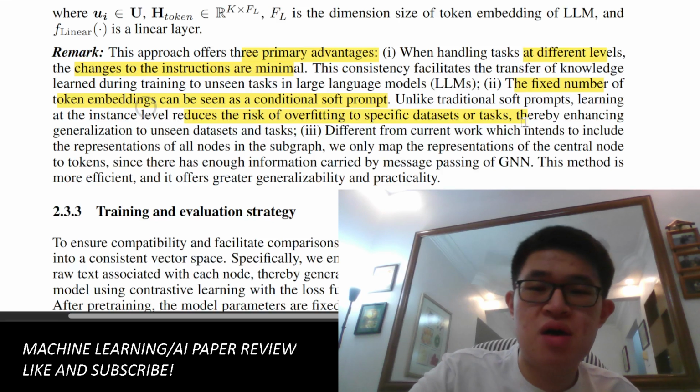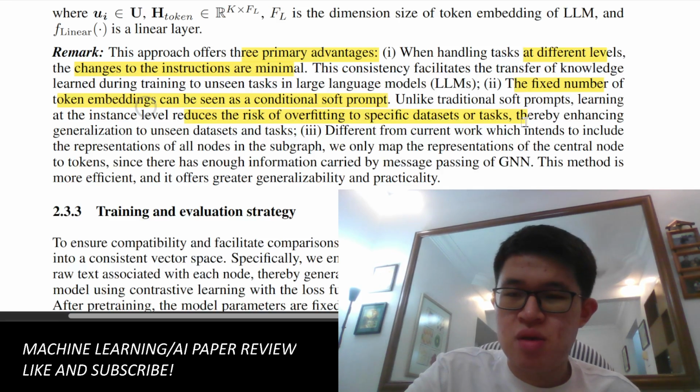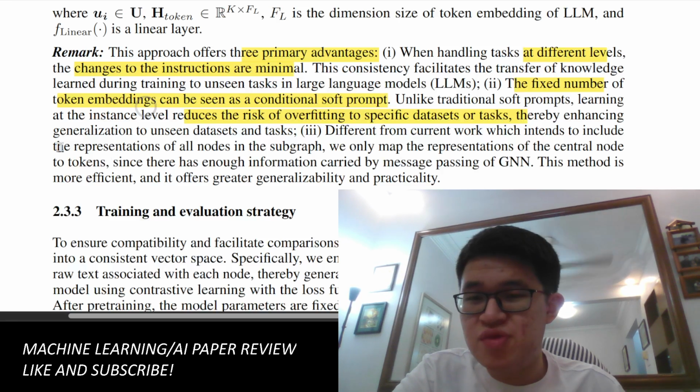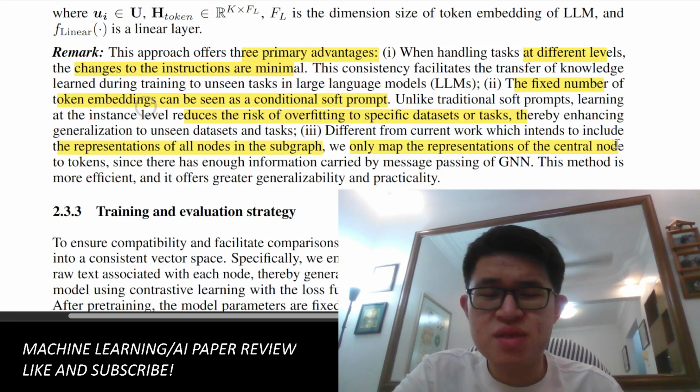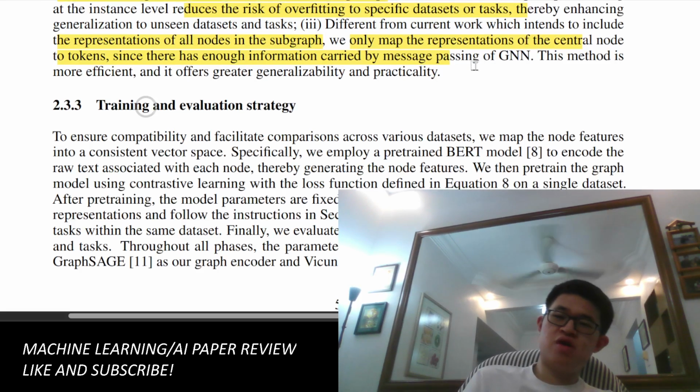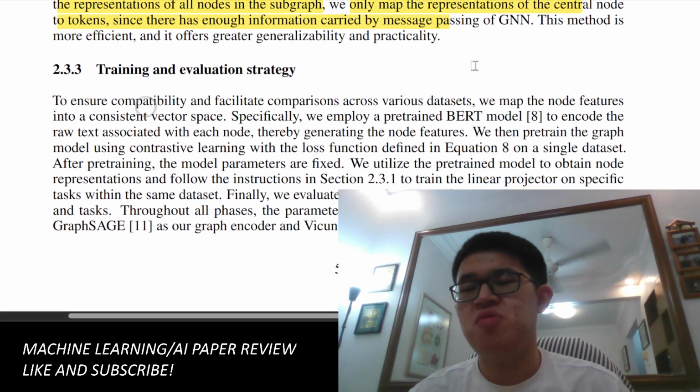And finally, this work intends to include the representation of all nodes in the subgraph. We only map the representation of the central node to tokens since there's more information carried by message passing of the GNN.